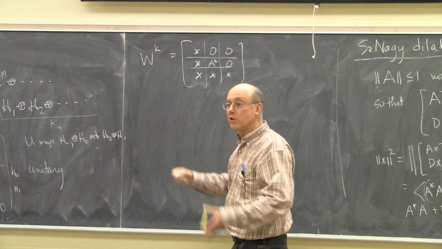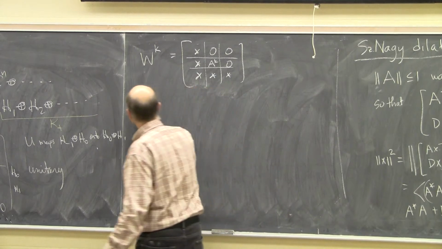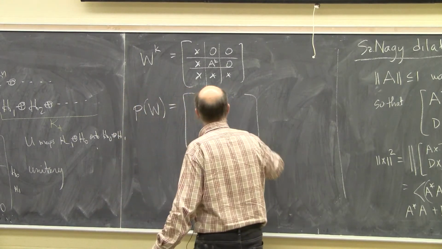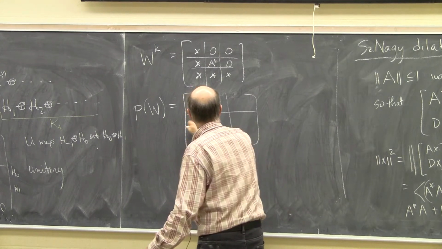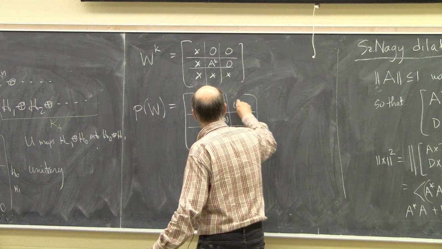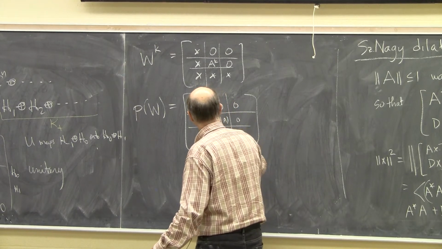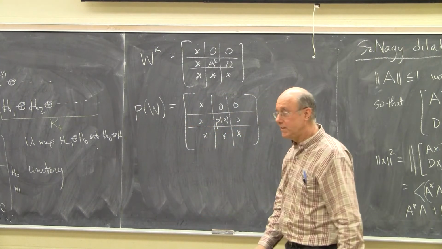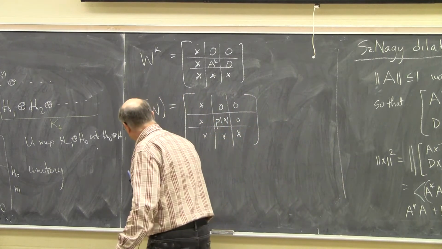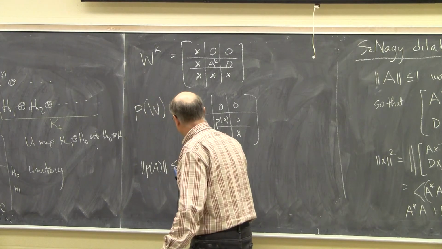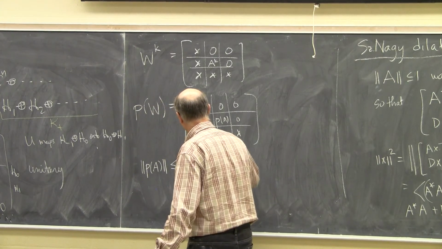So when I add up linear combinations of that, I get any polynomial, and it looks like a big operator that has P of A there. So it's easy to see that the norm of P of A is smaller than or equal to the norm of P of W.